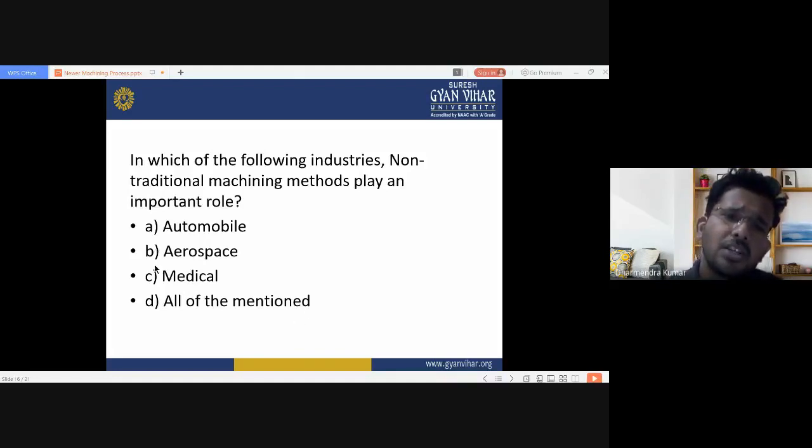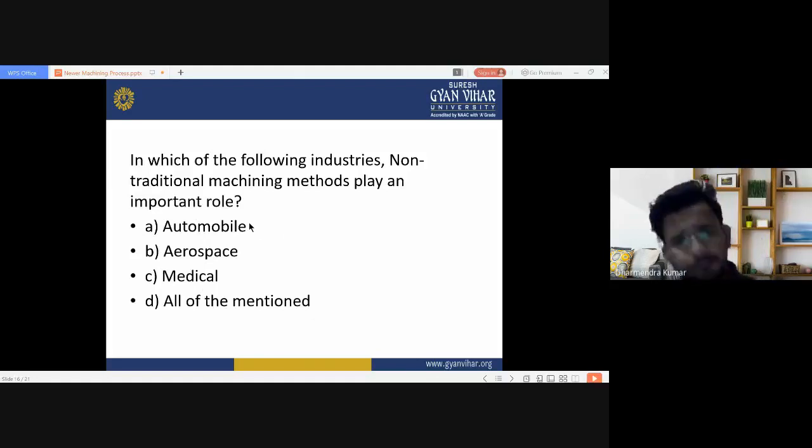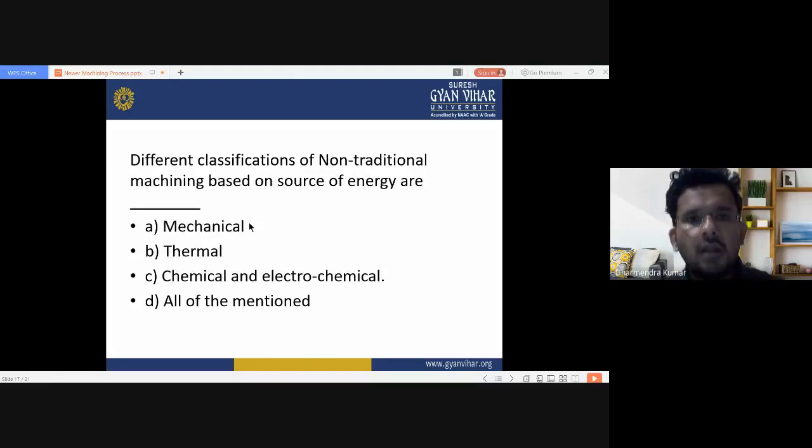Apart from these industries, any manufacturing unit can use non-traditional machining for its various advantages. Now another MCQ: different classifications of non-traditional machining based on source of energy are.